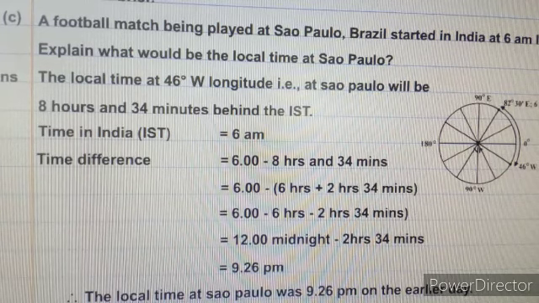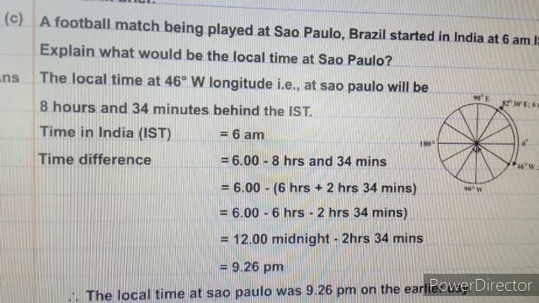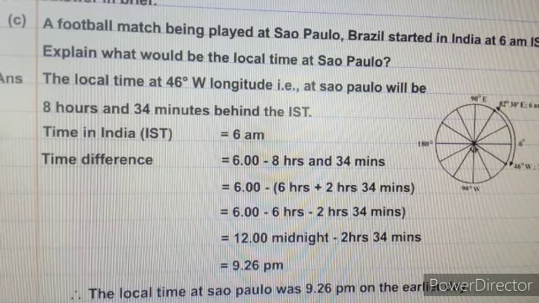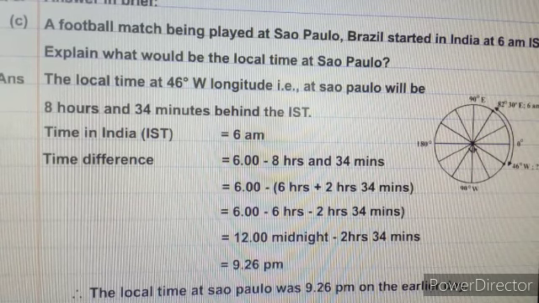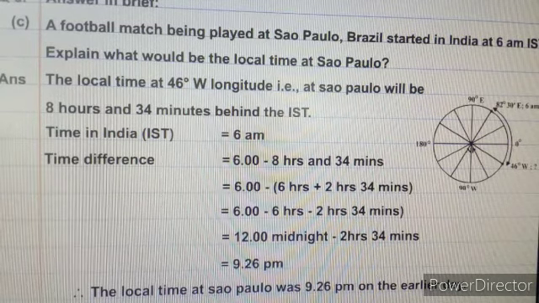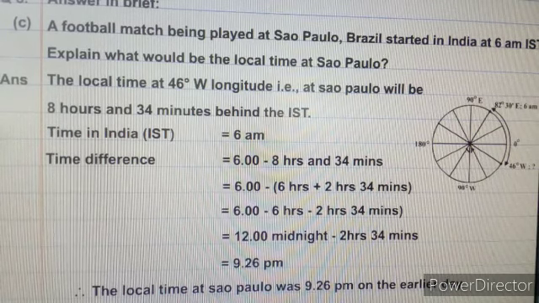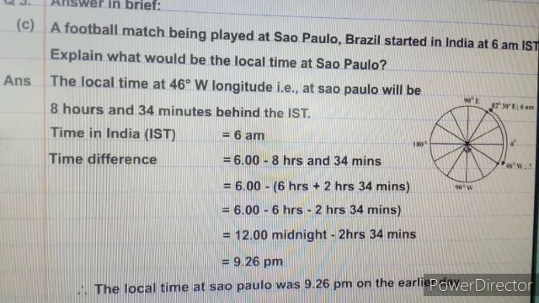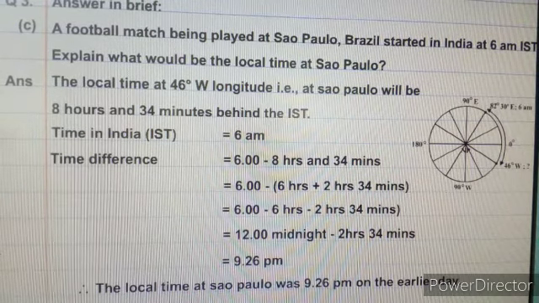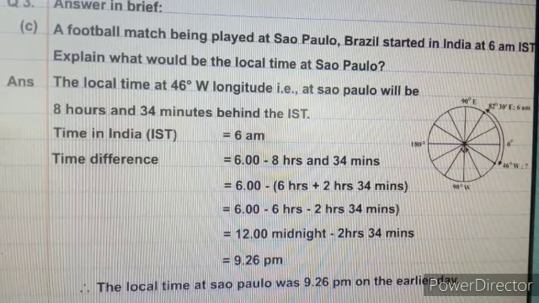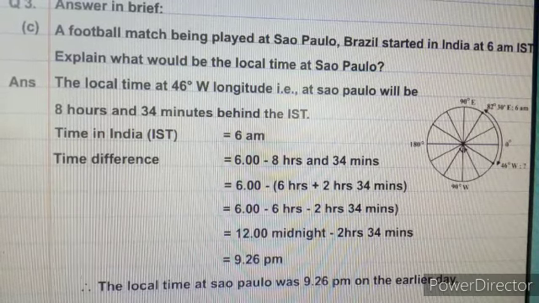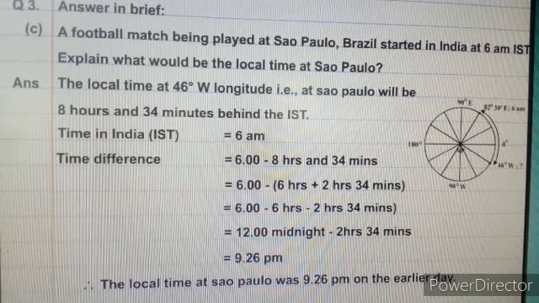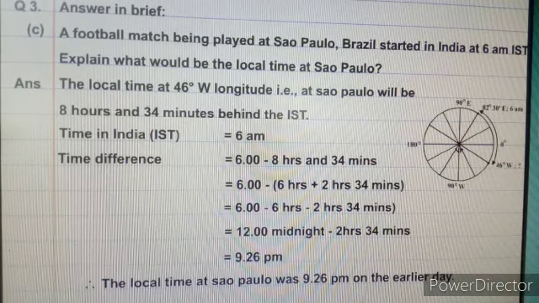Time difference: 6 minus 8 hours and 34 minutes is equal to 6 minus 6 hours, minus 2 hours 34 minutes, is equal to 12 midnight minus 2 hours 34 minutes, is equal to 9.26 pm. The local time at Sao Paulo was 9.26 pm on the earlier day.